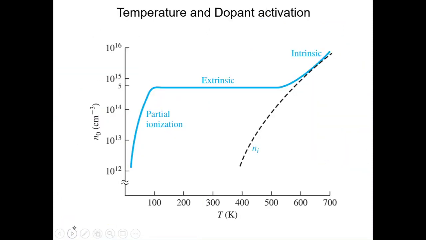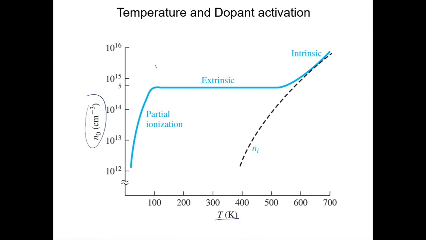So why is this relevant? As I told you earlier, if the temperature is very high, then the intrinsic carrier concentration may become similar to the extrinsic carrier concentration, or the dopant that we introduce. So what you see here is temperature as a function of total electron concentration.